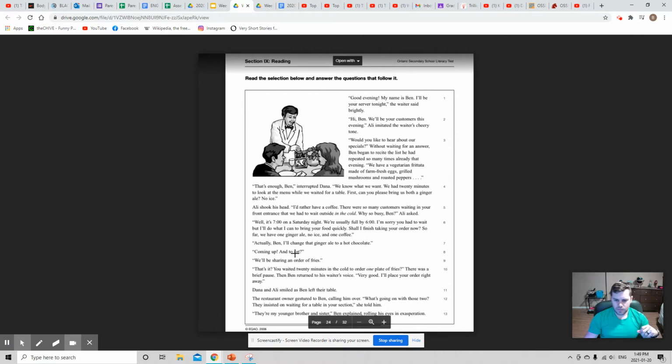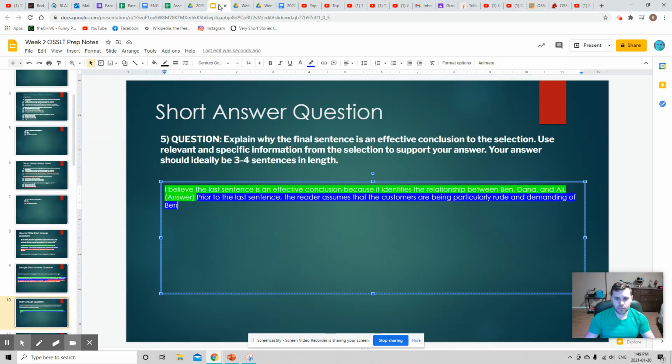So, for example, they just order one plate of fries despite waiting outside in the cold, insisting that they be Ben's tables. So that's my proof. Those are details taken from the story.